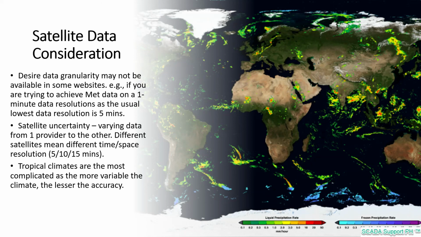Different satellites mean different time or space resolution and is fully dependent on the data provider. The more variable the climate, the less the accuracy. And tropical climates are the most complicated.